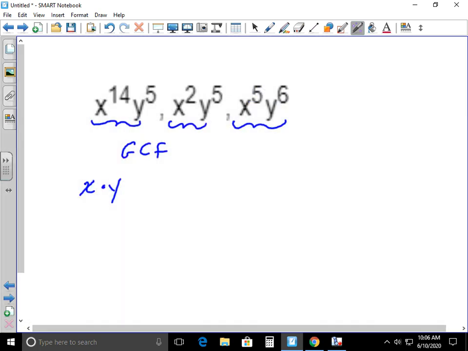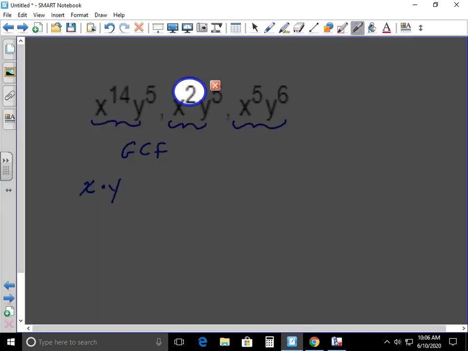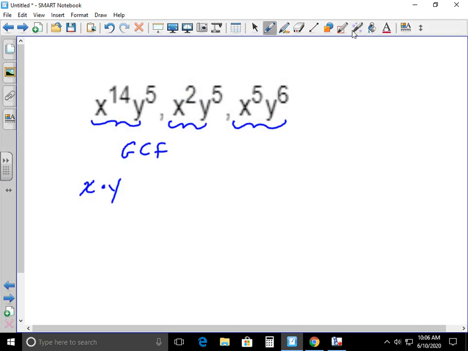So do they all have 5? No, they don't all have 5, because that one only has 2. But all of them have at least 2 x's. So that's the most x's that we could write down that is something they all have in common. Now, how many y's do they have in common? Do they all have at least 5 y's?